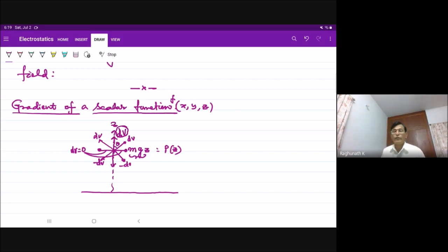Now listen. I am there at any point, at some point. If I move through a distance dl from that point, let dV be the change in potential. This change in potential dV for the same distance dl moved is different for different directions in which we move. You agree this?